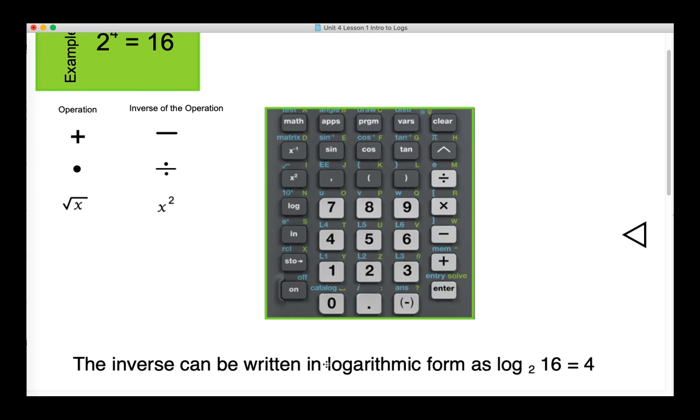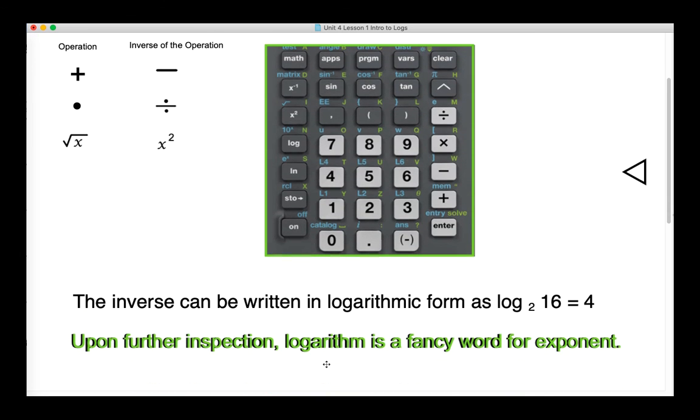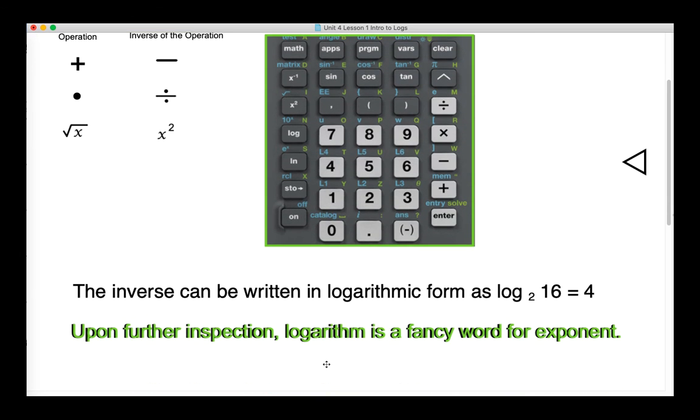Logarithmic is just a Greek word, and we'll get into that tomorrow. Upon further investigation, logarithm is a fancy Greek word for exponent. And the base is important too: it is written as a subscript, not a superscript and not online.